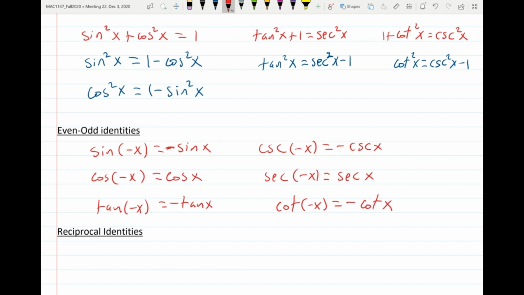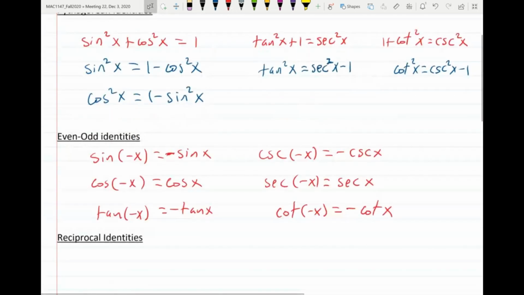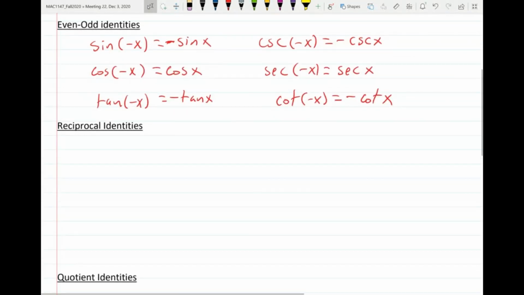The reason for that is the next set, which are the reciprocal identities, right? Again, it looks like a lot, but you already have this knowledge. You already know all of these, I'm just summarizing what you know. Reciprocal identities, remember, these are the definitions of cosecant, secant, cotangent. So cosecant of x, we define as 1 over sine.